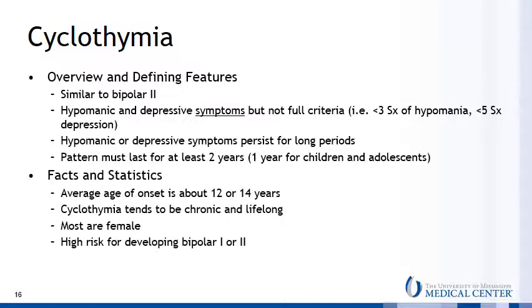The age of onset of cyclothymia is unusually young, first presenting in the early teen years, and it tends to be a lifelong condition. Unusually among the bipolar disorders, cyclothymia occurs more often in women than men. It's also important to remember that patients with cyclothymia are at high risk of progressing to more severe bipolar disorders.